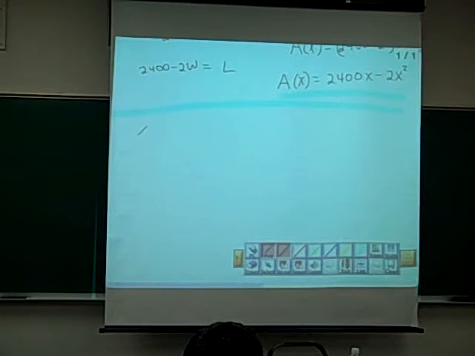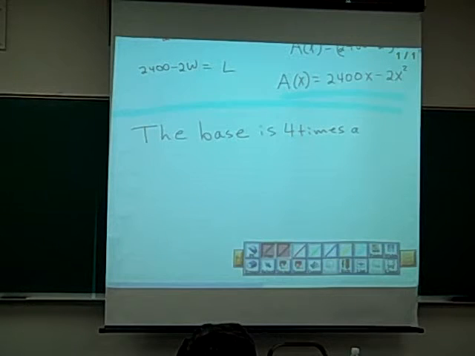Okay, and in this triangle, the base is 4 times as long as the height.